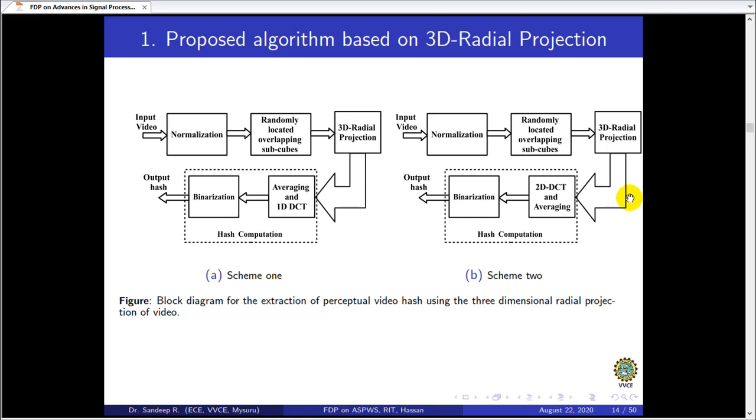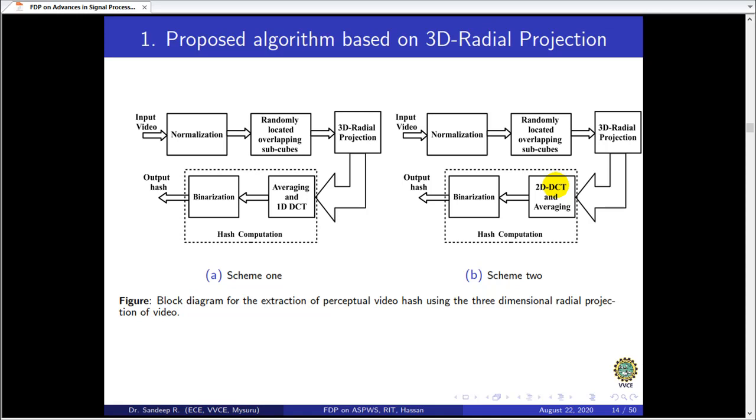Now we have so many subcubes, so we'll have so many matrices. On each matrix we are applying the two-dimensional discrete cosine transform. The reason is that the variance values we are calculating are along the radial lines, and the radial lines are rotated just by 1 degree each, so because of the neighborhood there will be high correlation, and hence they would carry similar information.